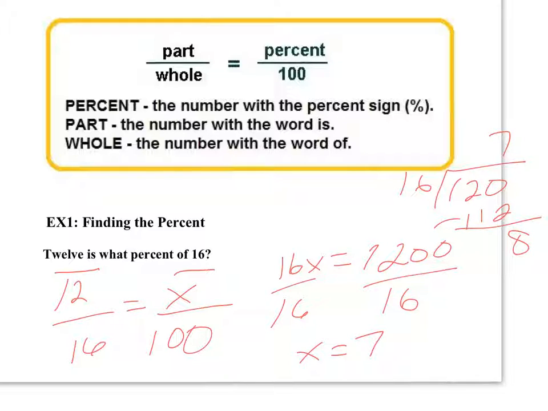That leaves us with 8, but now we realize we're going to have to add another 0, bring it down, and then 16 goes into 80 approximately 5 times. And we subtract and it terminates, so that's good. And that means our answer is x equals 75. So our percent is 75%.